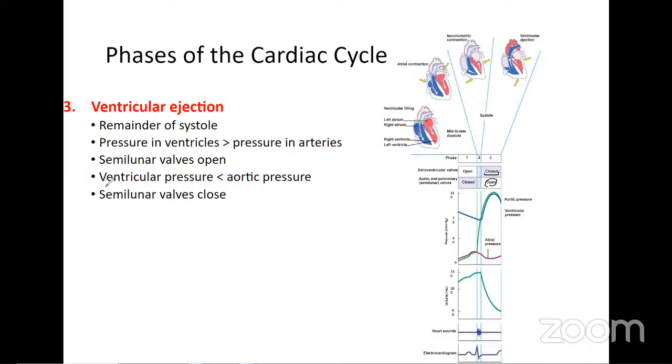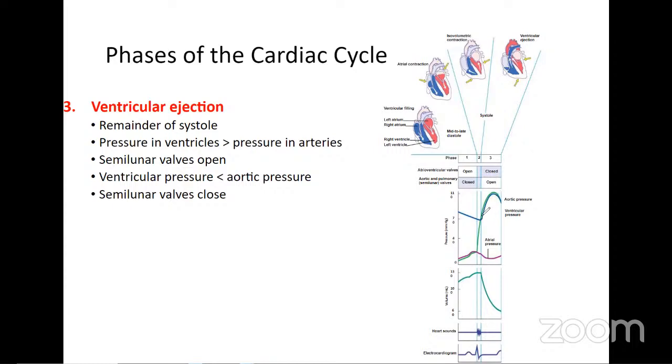Specifically, if we're thinking about the left ventricle, we are trying to press into the aorta. At the end of this phase, you can see that our pressures are about to reverse. The green line was our ventricular pressure. The blue line was our aortic pressure.